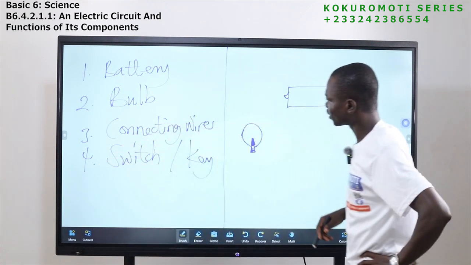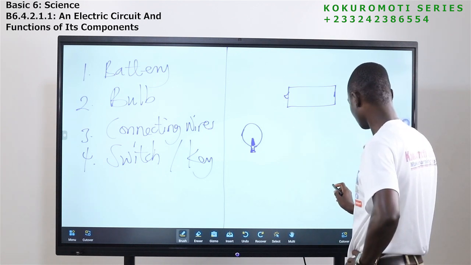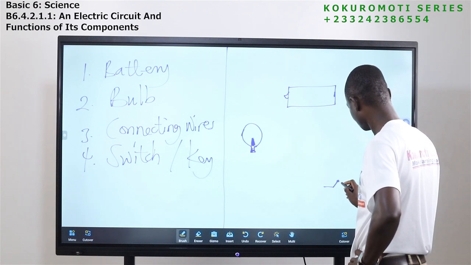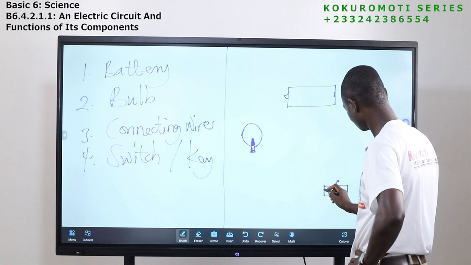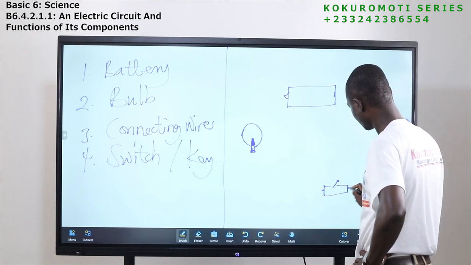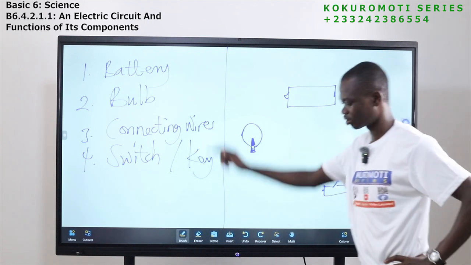And then the next one is connecting wire. But before that, let's have our switch. So this is our switch. Now the next thing that we do is to use the connecting wire to connect all of them.